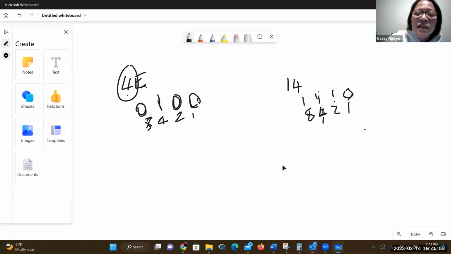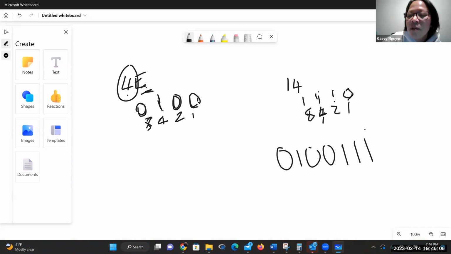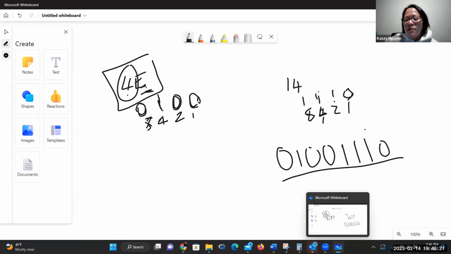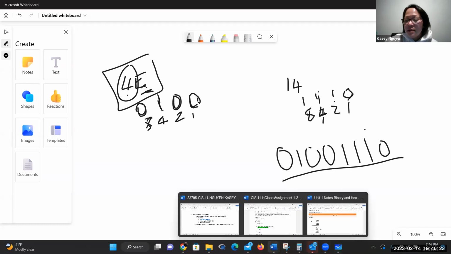So the binary for the 4 is 0, 1, 0, 0, and for the E it is 1, 1, 1, 0. So this is the binary, and this is the hex. They are equal. All right, now let's do the next one.